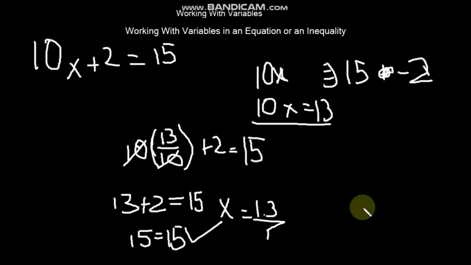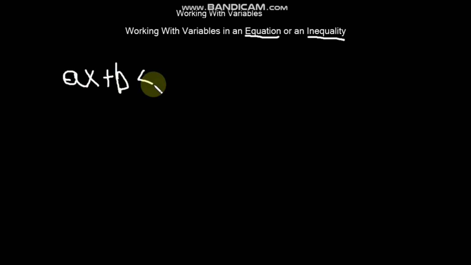So let me give you another example in another terms. So the next thing I'm going to tell you about is inequalities. The thing I've taught you before is equations. So inequalities always come as ax plus b is greater than or less than.